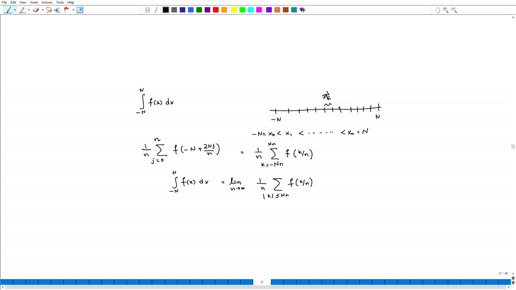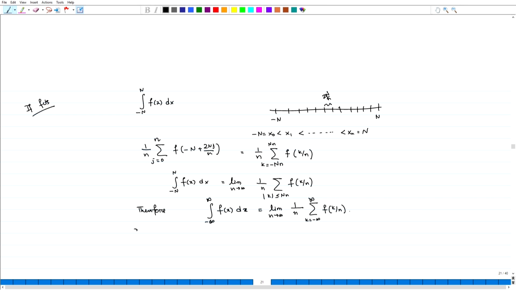Therefore, the integral from minus infinity to infinity of f of x dx is equal to the limit as n goes to infinity of 1 by n, summation k from minus infinity to infinity of f of k by n. This is true for any continuous function. If f is continuous, then we can write this for every continuous function.